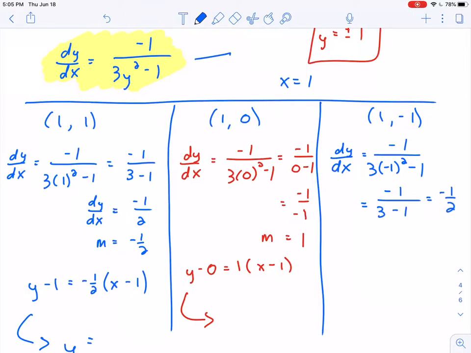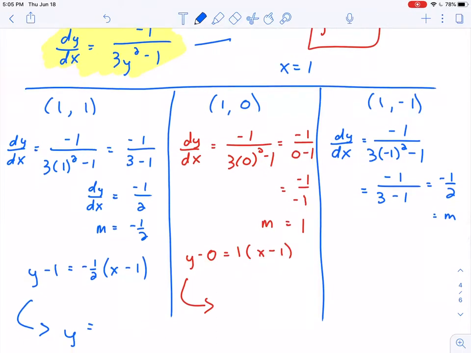So that's the value of my derivative, but it's also the slope of the tangent line. So I'm going to end up with a similar tangent line, but not quite the same. y minus my y coordinate is -1, so that's really y plus 1, equals m, that's -1/2 times x minus my x coordinate, which is also 1. And then again, I would take that and solve it for y, but I will leave that to you as an exercise.